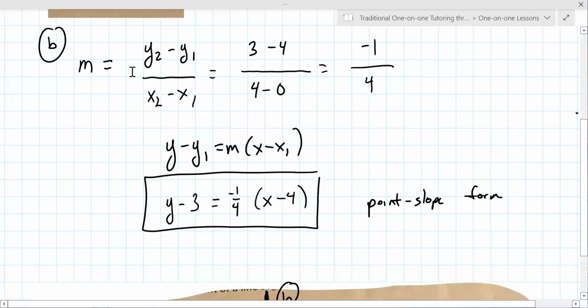Excellent. All right, so let's go to question number 2. It's very similar. Oop, this thing keeps doing something strange. Okay, so let's look at question number 2.